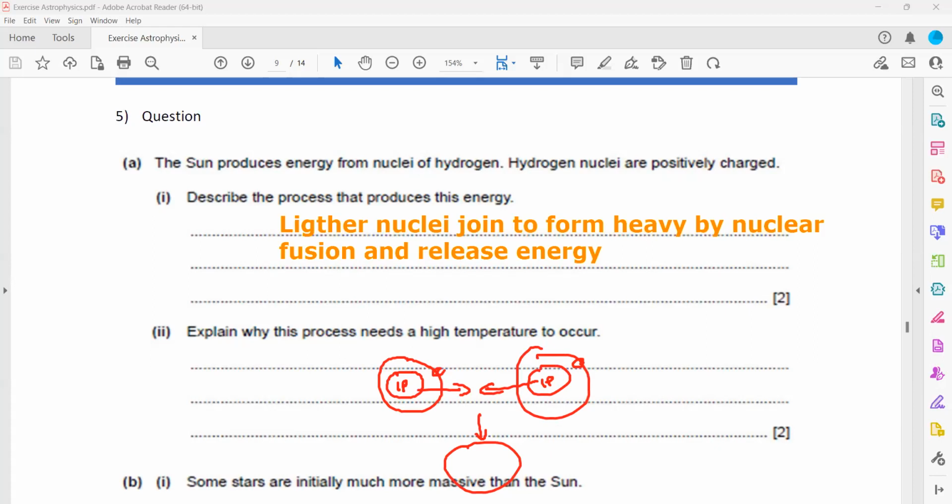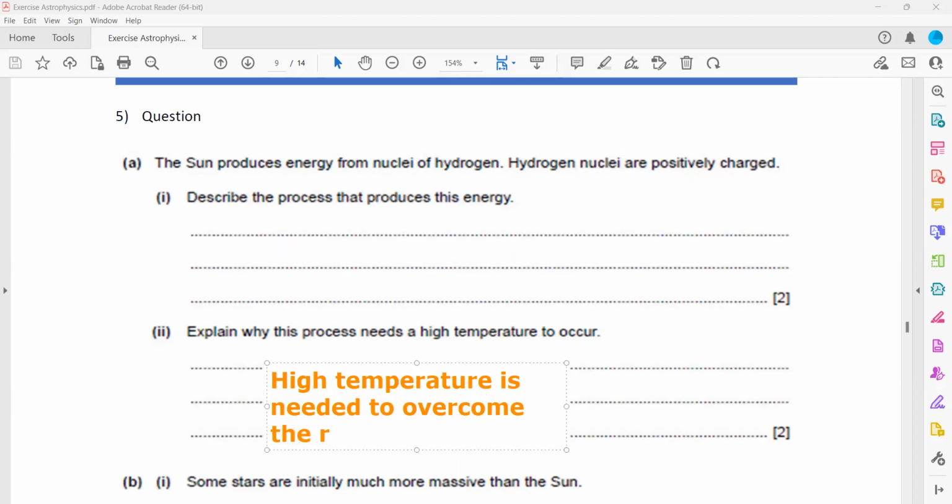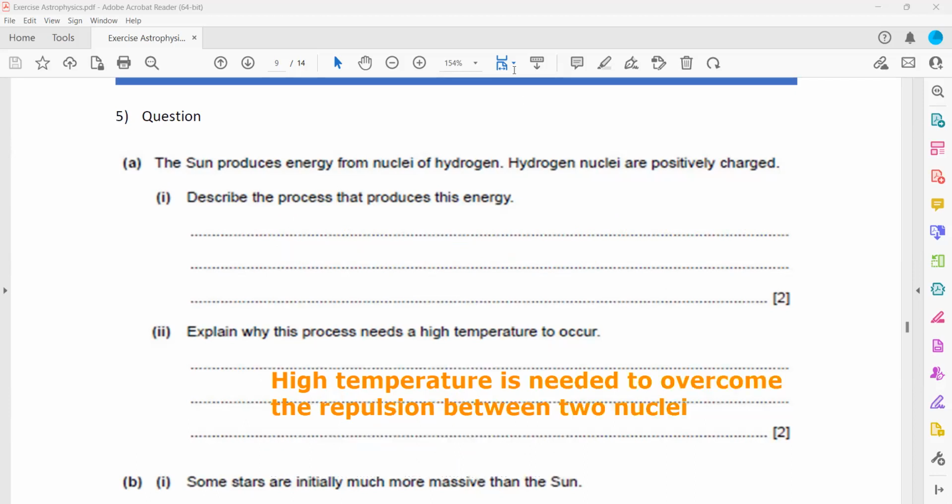So why do we need a high temperature for this? A high temperature is needed to overcome the repulsion between two nuclei, because they have identical charge. So we want to fuse or mix them together, and to do that we need a very high temperature.